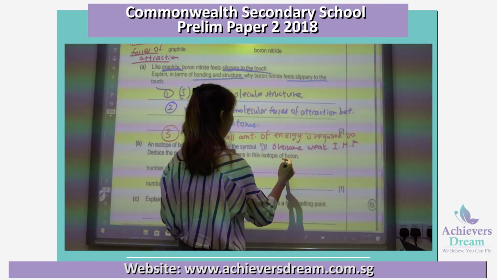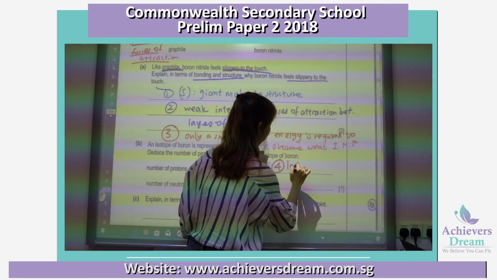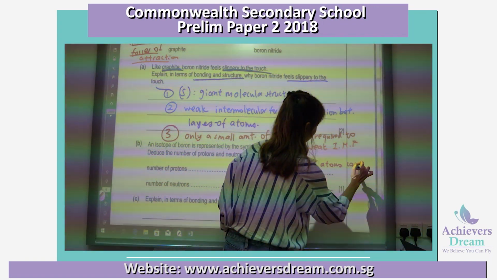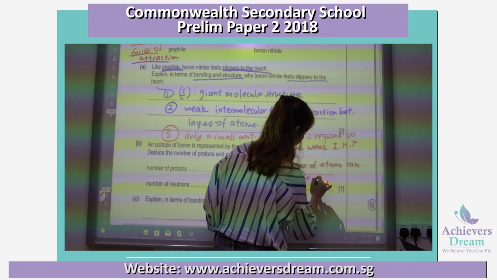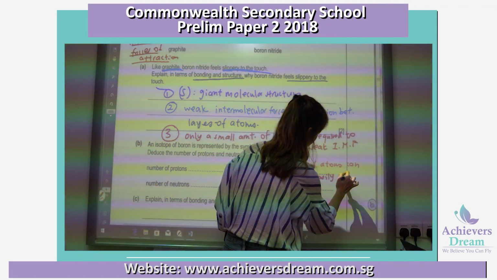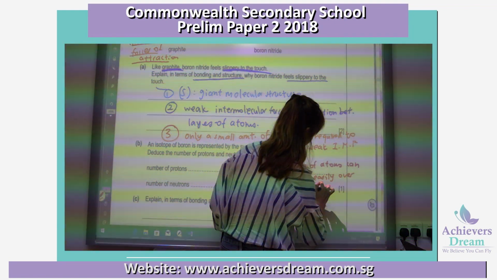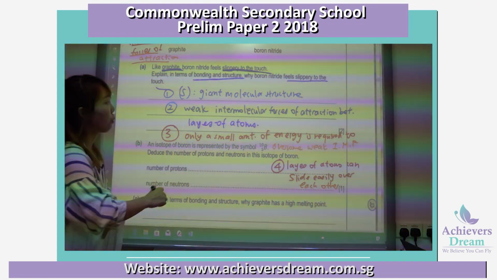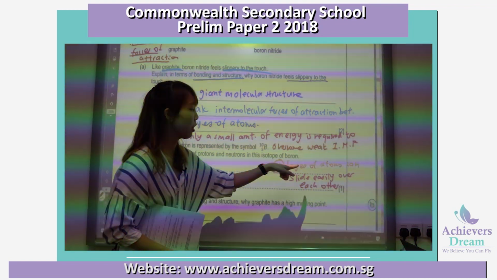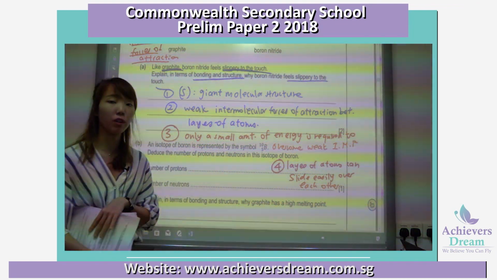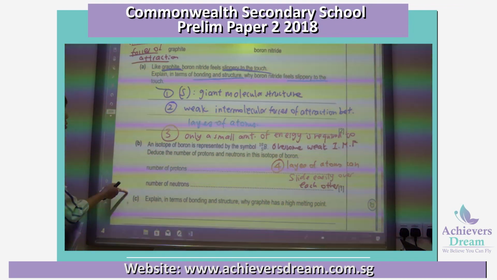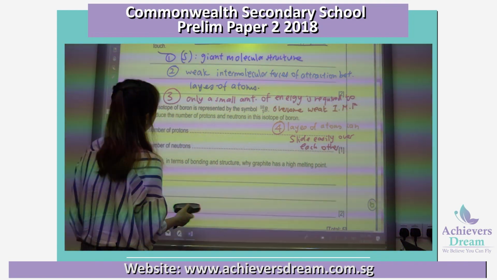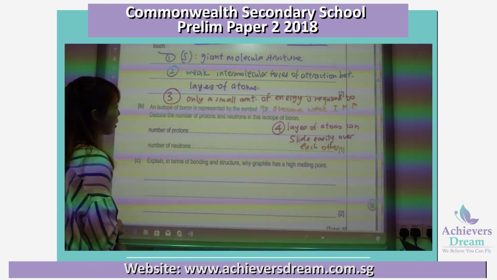Therefore, your layers of atoms can slide easily over each other. That's why your boron nitride will feel slippery to the touch, because your layers of atoms can slide easily over each other.